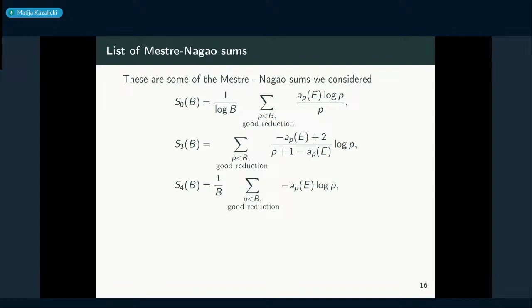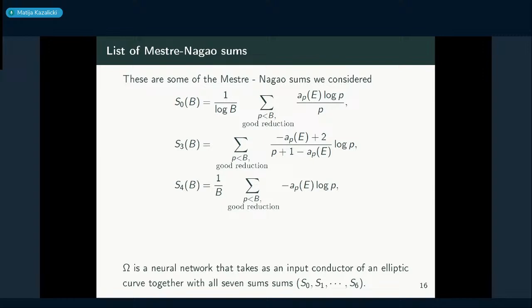Okay, so just to give you some impression, these are 3 out of the 7 Mestre-Nagel sums that we consider. This first sum is going to be important in the second part of our talk as well.